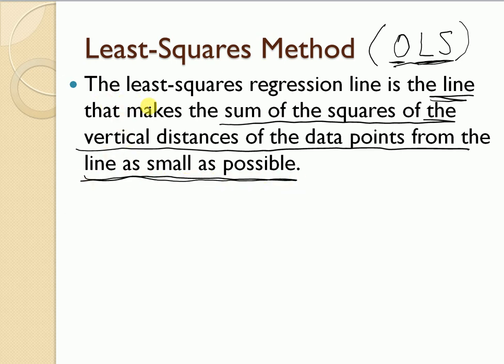Again, the least squares regression line is the line that makes the sum of the squares of the vertical distances of the data points from the line as small as possible. Now, this is a mouthful, but we can take it part by part and analyze what exactly it means.